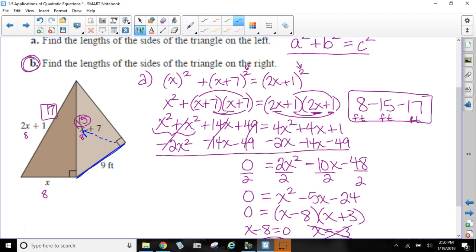Hey, this didn't change any, okay, the hypotenuse is still 15, and so let's see, if I come down here and I say for part B, okay, I've got a leg of 9 feet that was given. And I know that my hypotenuse is, I found that in part A, to be 15 feet. I just need to use my Pythagorean theorem again to find the length of the other leg.